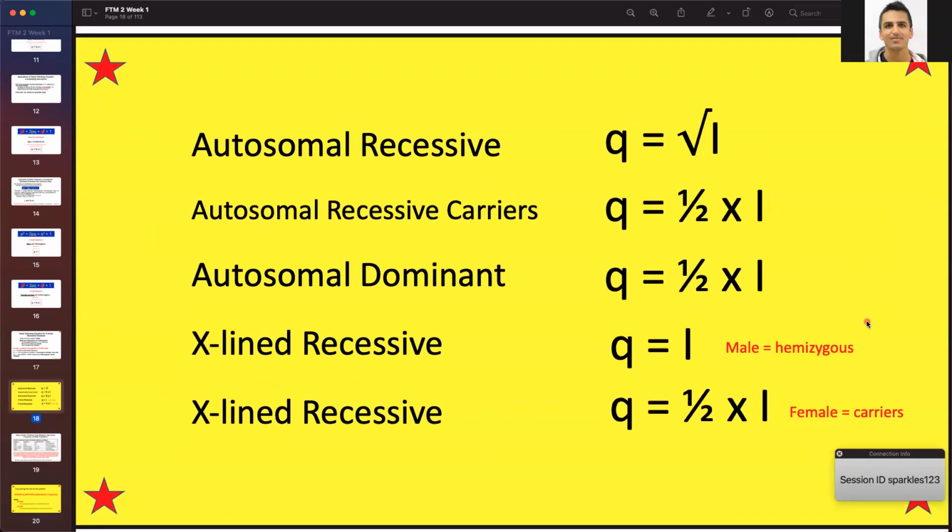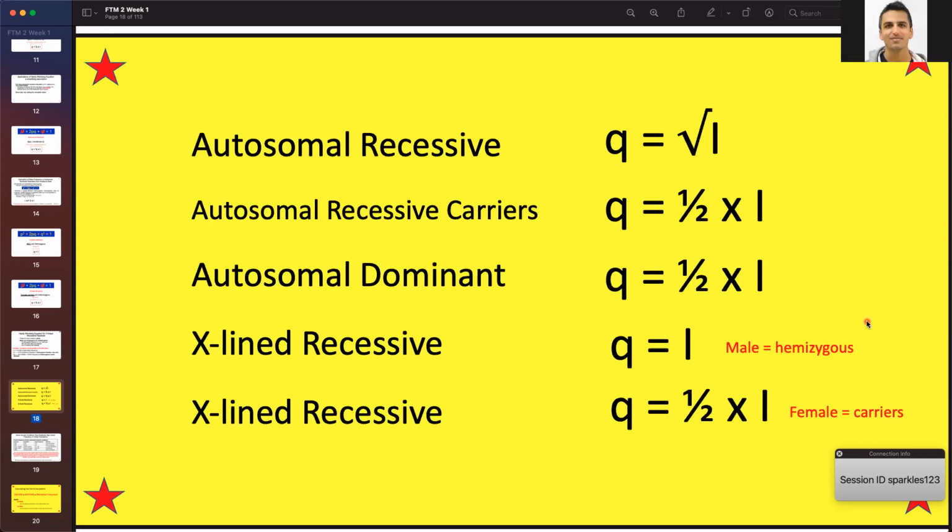I'm just looking at the slides that he gave us, and in one of the examples the frequency is 1/10,000, right? And then once you calculate, q would be 1/100, right? For autosomal recessive? Yes, autosomal recessive.